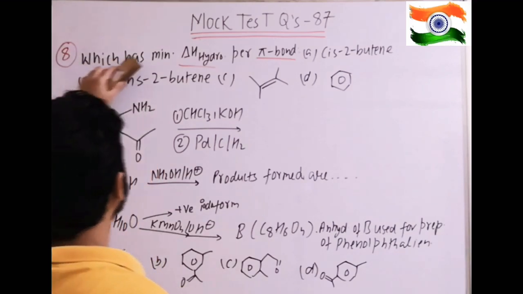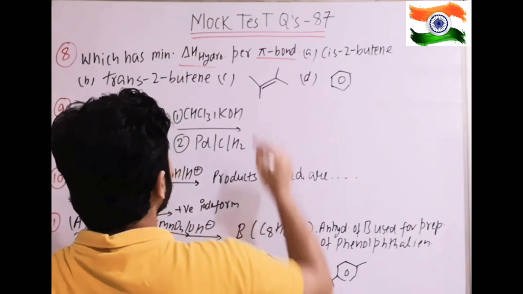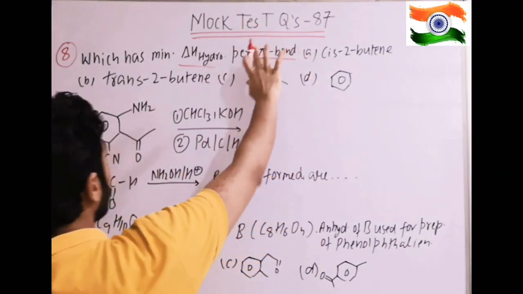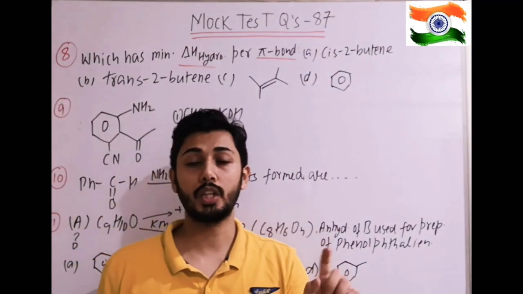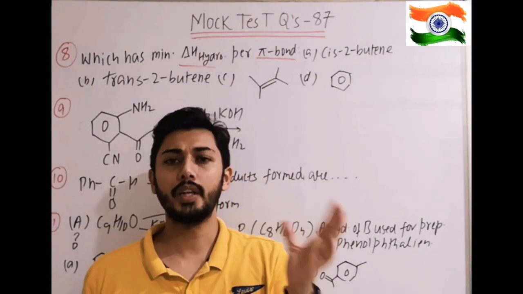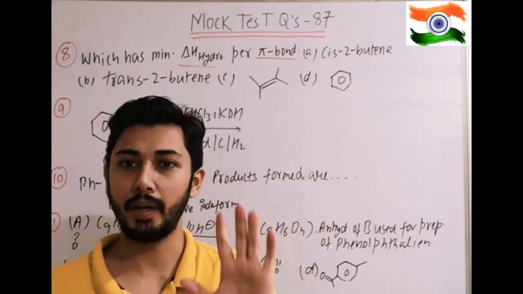So in question number 8, which has the minimum value of heat of hydrogenation, the important point is per pi bond. If that is mentioned, that means we have to consider per pi bond, not the whole molecule. Where is it useful? Only for the fourth option, because the others already contain one pi bond.